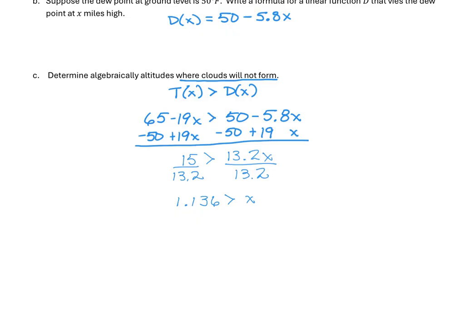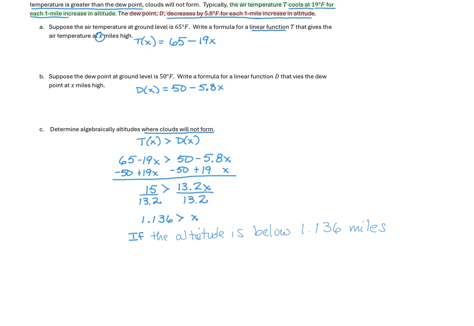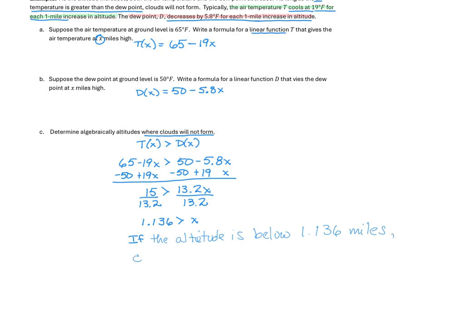You may be saying, okay, well, that doesn't sound very big. But let's go back and read what we have here. If the altitude is below 1.136 miles, clouds will not form.